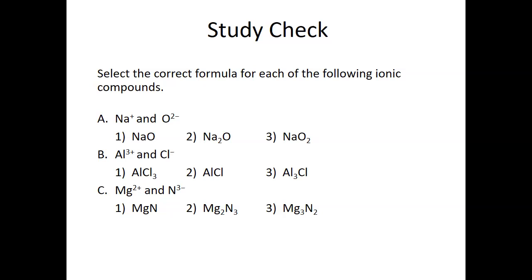So with that in mind, we can do problems like this, and we can do them relatively quickly. Because if I look at it, I see, okay, I've got sodium and oxide here. The charge on the sodium is 1. The charge on the oxide is 2. So I should be looking for Na2O, which is option number 2 here.